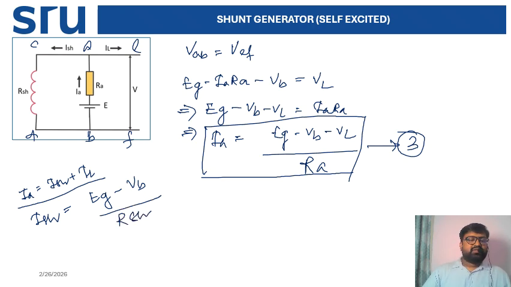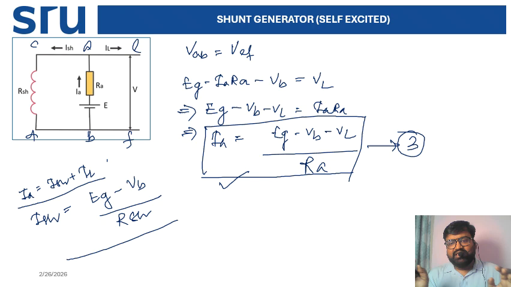Now the third we get this. So these three equations are dedicatedly applicable to this shunt generator. The shunt generator is one of the self-excited generators. When we solve problems in detail, you will get more clarity on this.